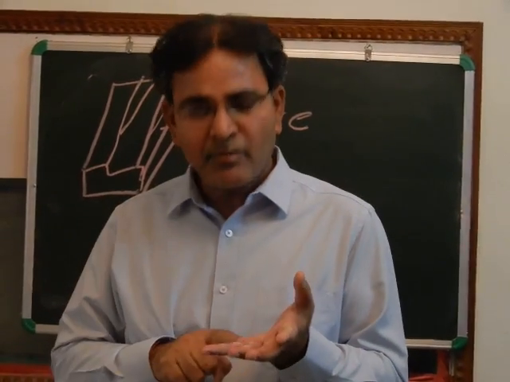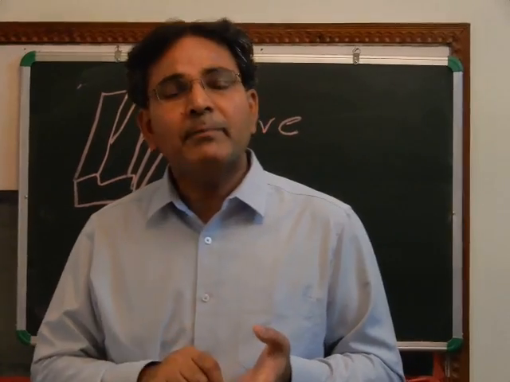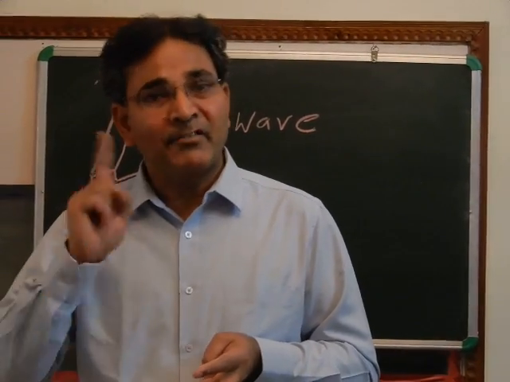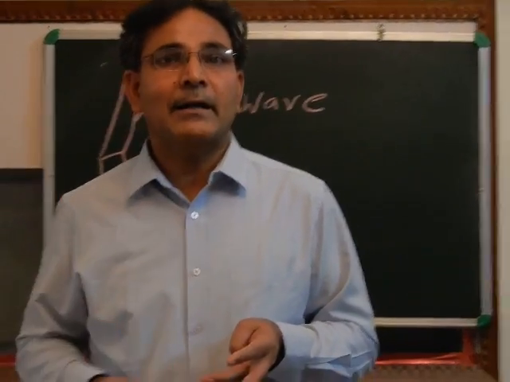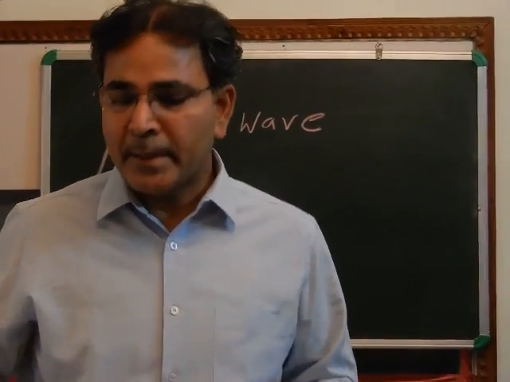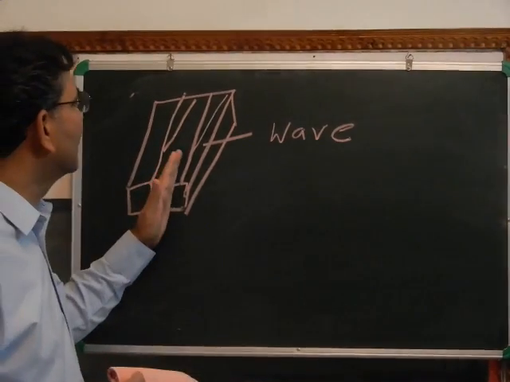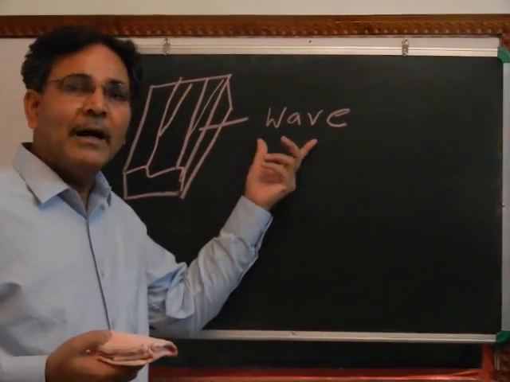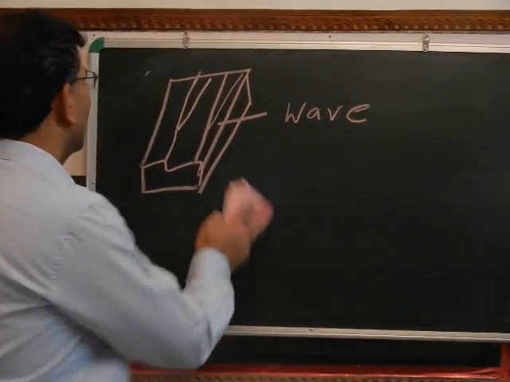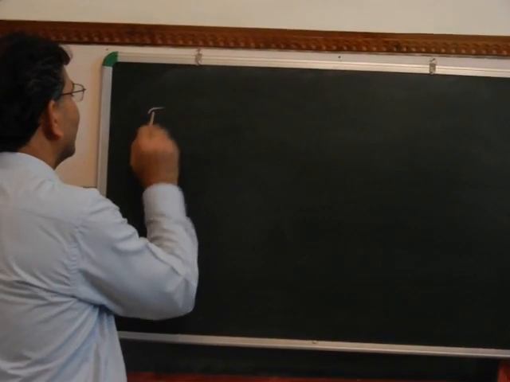Wave ripples are characterized by bifurcation of the crest, and they are characterized by symmetrical ripple marks. Whereas in the current ripples, there is no bifurcation, and they are generally asymmetrical.